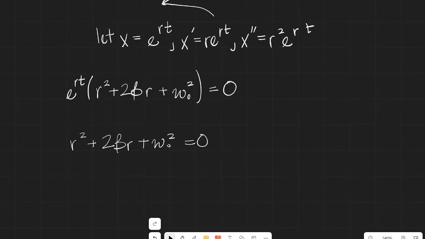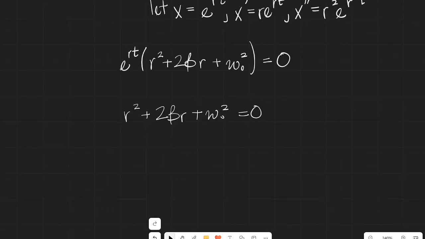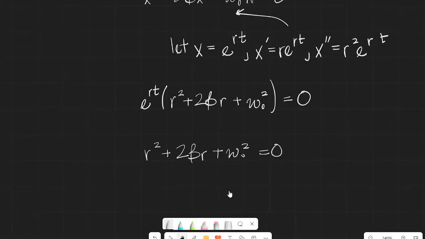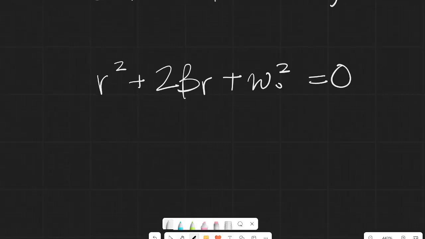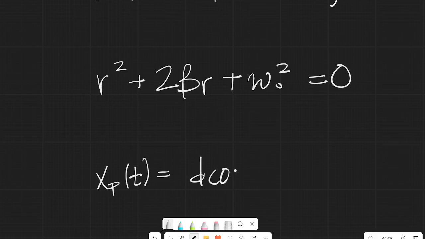It is wise to choose this linear combination of trigonometric terms for your particular solution. So I'm just going to do that right now. And remember, I said linear combinations, so that involves coefficients as well, and I'm just going to call those D and F.